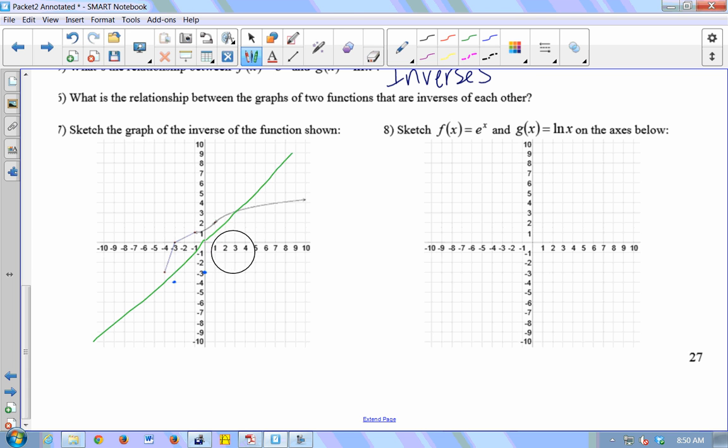Oh, it's not actually 1, 0. That's like 0, comma 1 point something. So that would be 1 point something, comma 0.